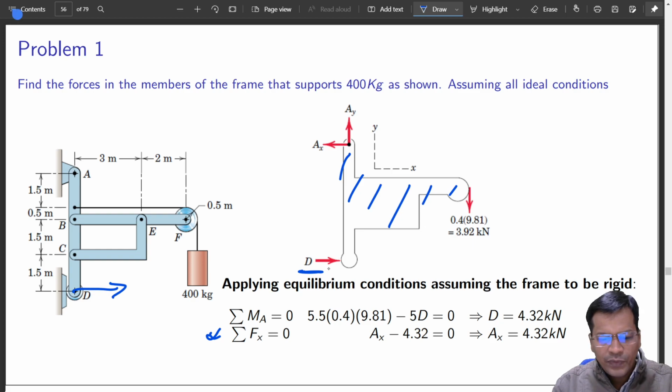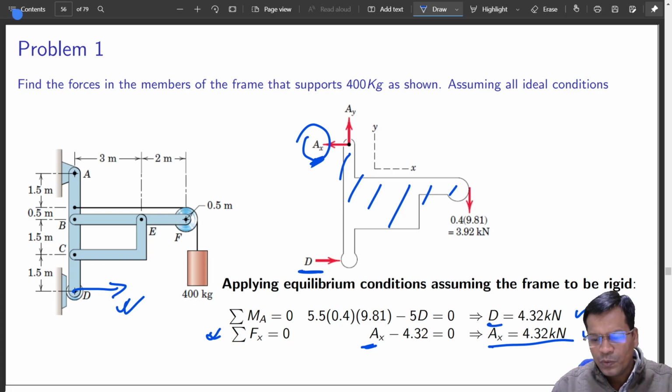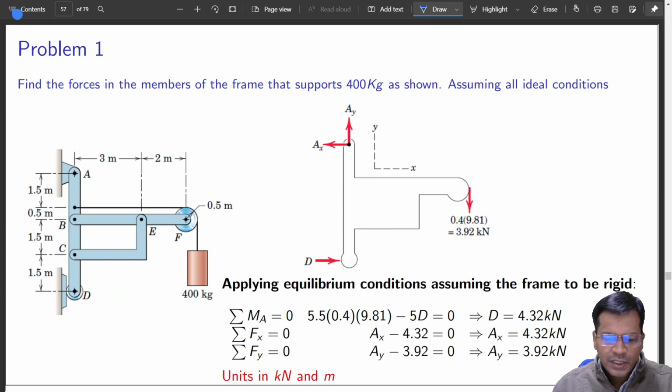So if D is in this direction, Ax has to be in this direction because the sum of those two forces should be equal to 0. So Ax will be equal to negative of D, exactly in the direction shown in this figure. So Ax is 4.32 kilonewton. Done. Hope it is clear.